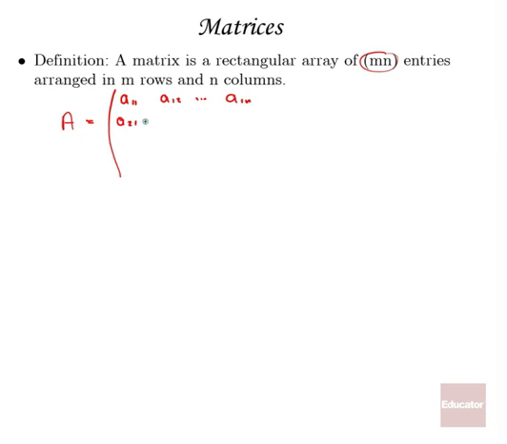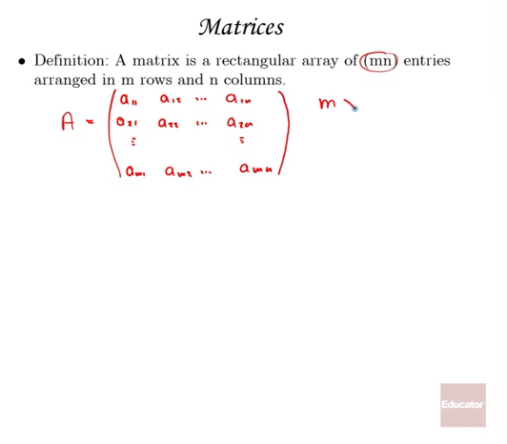So A21, A22, ... A2n, and we'll go down. This will be Am1, Am2, ... Amn. So the top left entry is A11, bottom right entry is Amn.